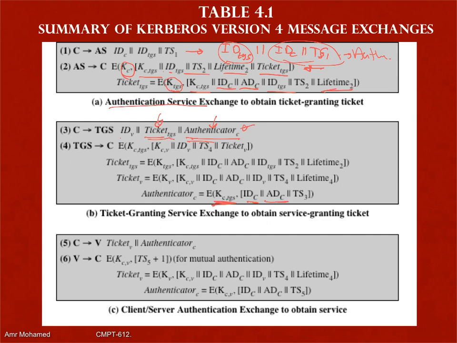Okay? So if in step 3, this client is authenticated successfully, then this client is requesting to have communication with the service provider or the email server. Okay? So in here we have 3 different parts. The ticket from the TGS, which is presented here, is the same as what we have copied from here.